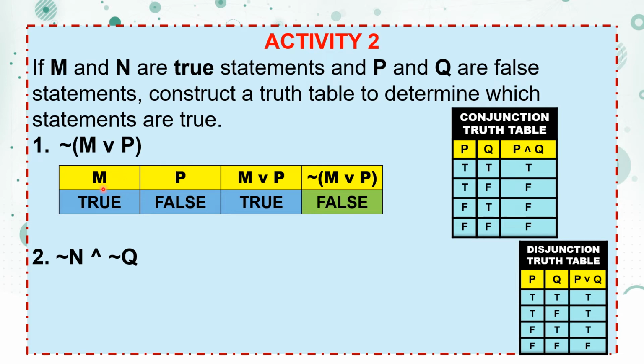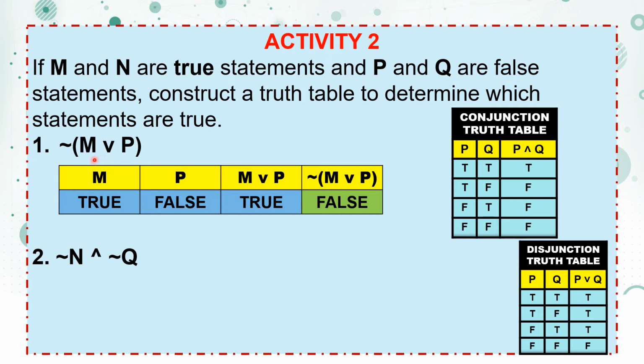So yung M natin ay true because it is stated here M and N are true statements. So nilagay natin yung truth value ng ating M is true. Then we have P. Our P and Q are false. So yung P natin, ang truth value ay false. So let's get first the truth value ng M or P, yung nasa loob muna ng parenthesis.